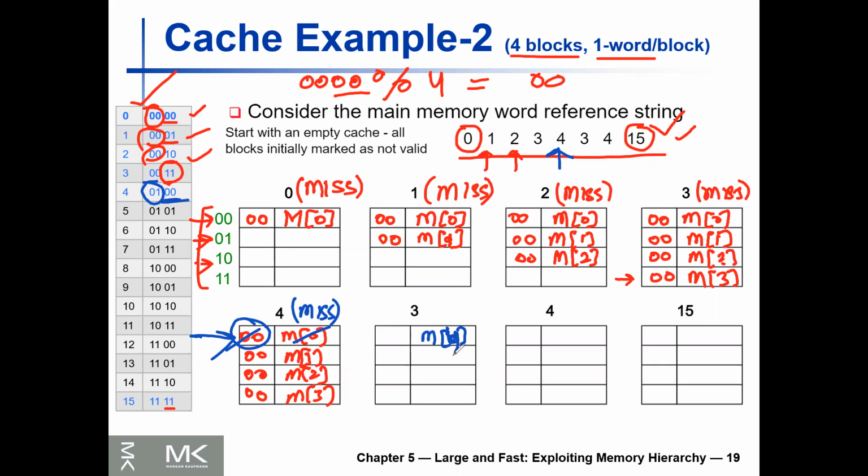And in place of that, what will we have? M4. Because this is the place where 0, 4, 8 will be, and 12 will also be there. Getting how I'm saying these things? I say this because if you look at the 0 0, this is 0 0, this is 0 0, this is 0 0, this is 0 0. Yani 0, 4, 8, 12 can be mapped to the first location.